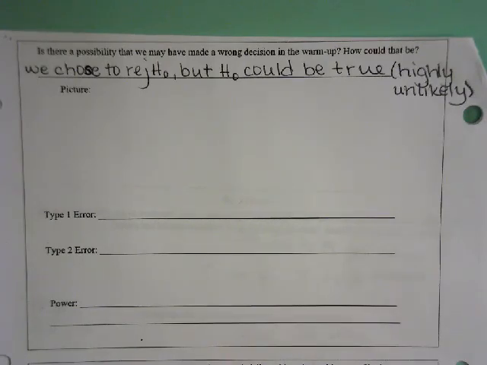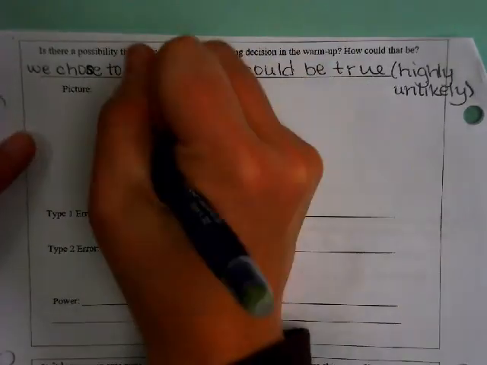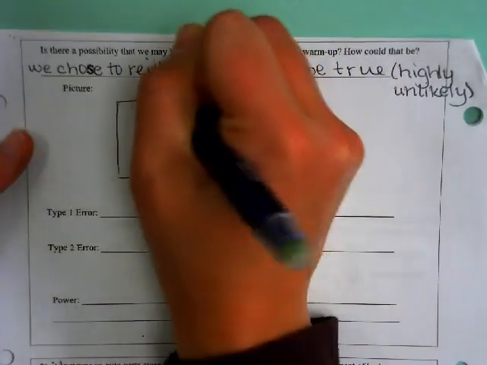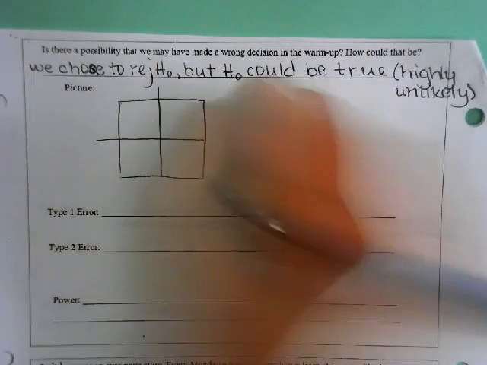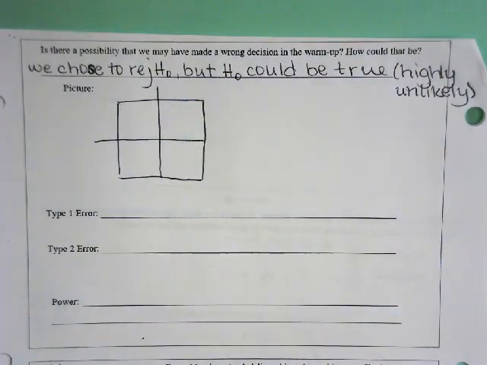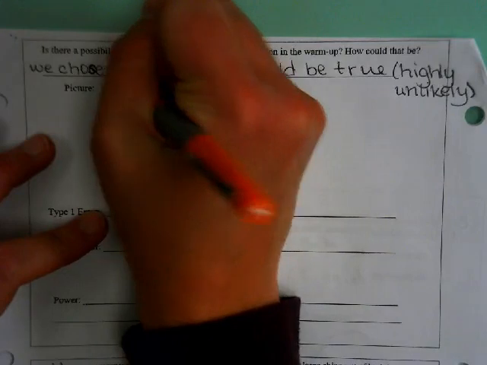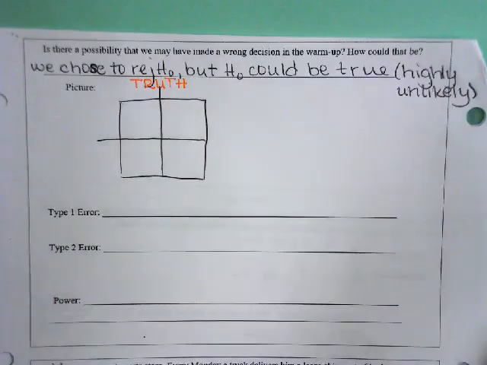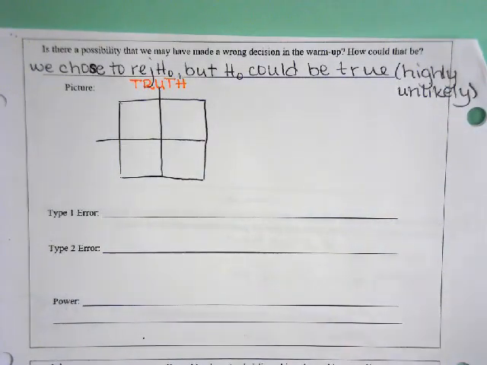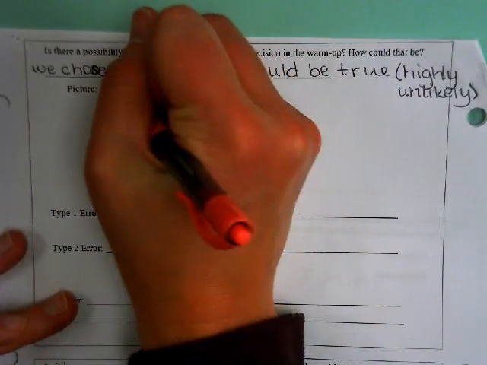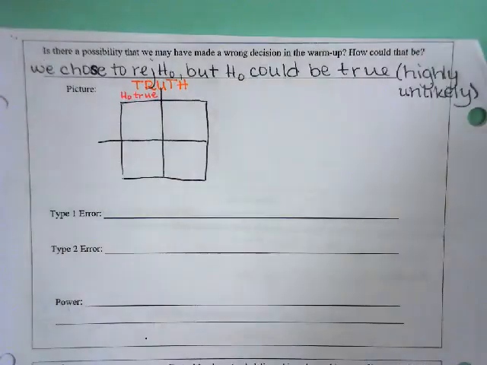All right, so our picture is not really going to be a picture, it's just going to be a box. Going across the top is the truth. So there are two possible truths. The first one is that H null is true. The other possible truth is that HA is true.